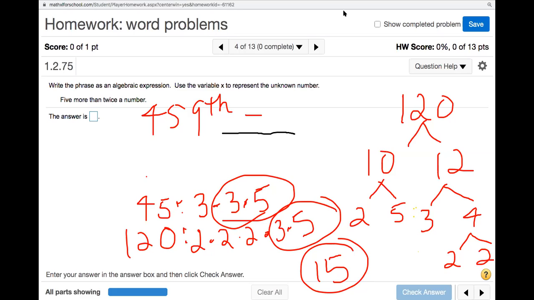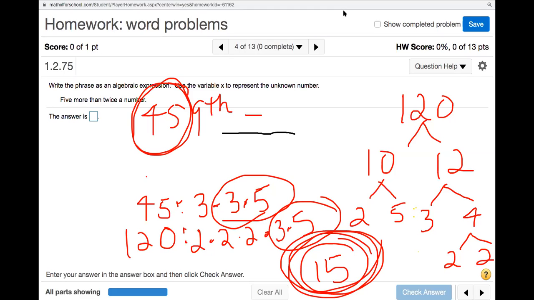Come on, Sugar Plums. The question is, if you have 45 ninth graders, each row has to have 15 ninth graders in it. How many rows of ninth graders are you gonna have? 3. 3, absolutely.